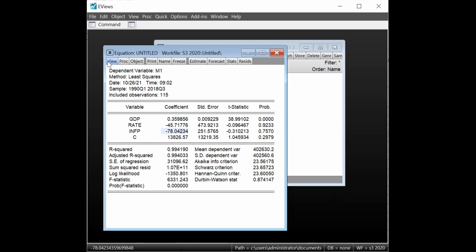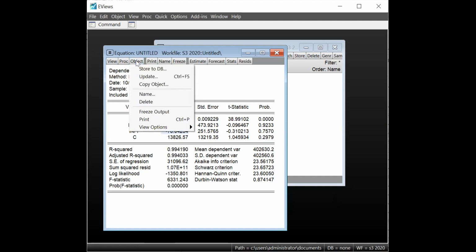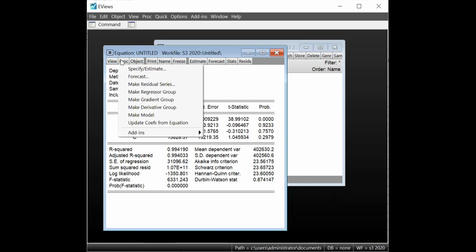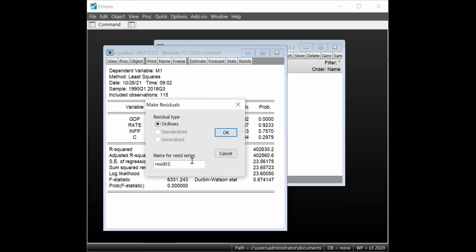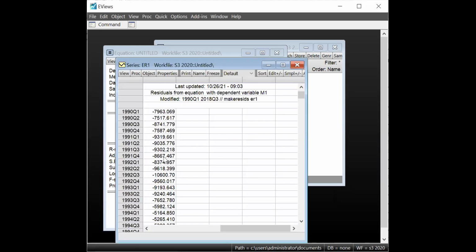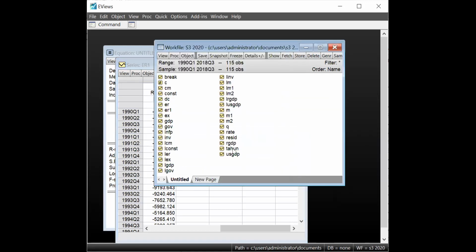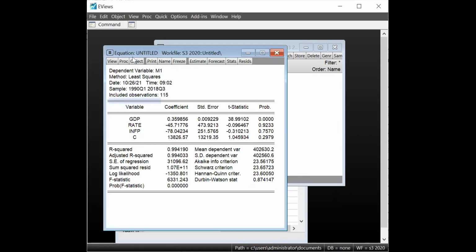Okay, this is one kind of problem. For example, we have the residual series here, error 1. This one is the residuals.